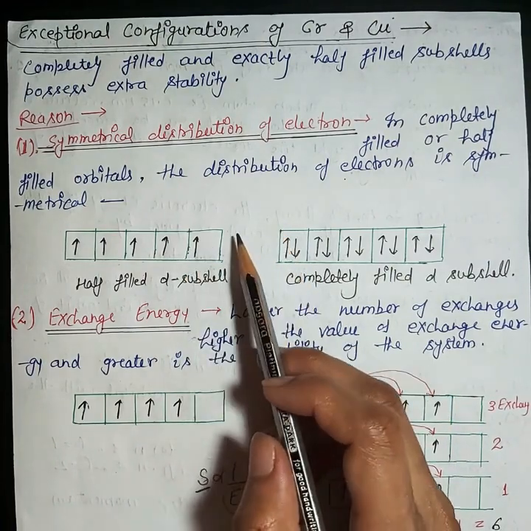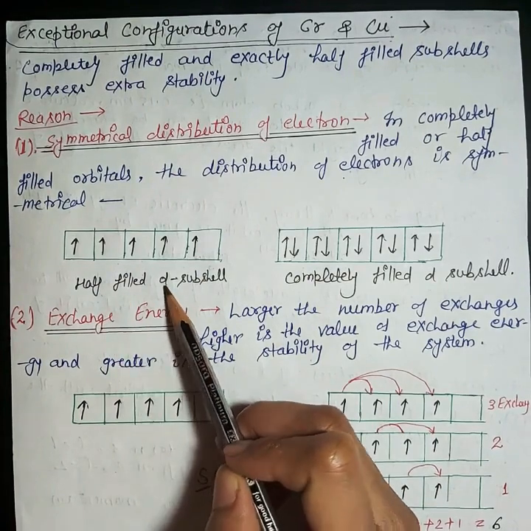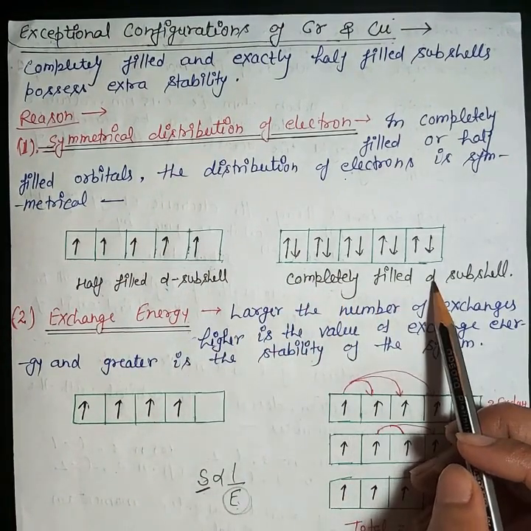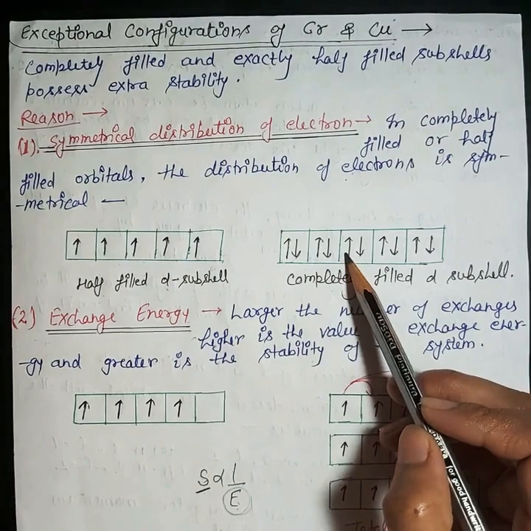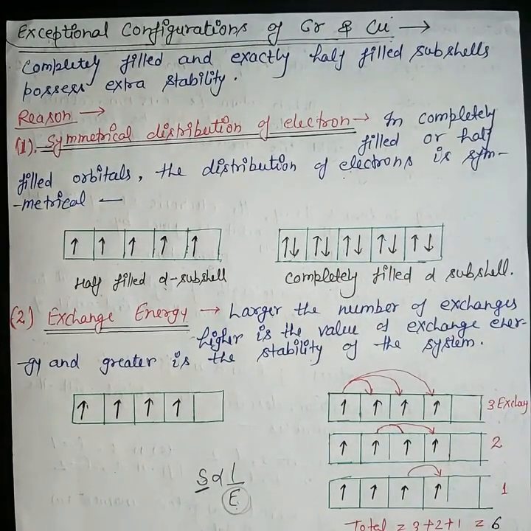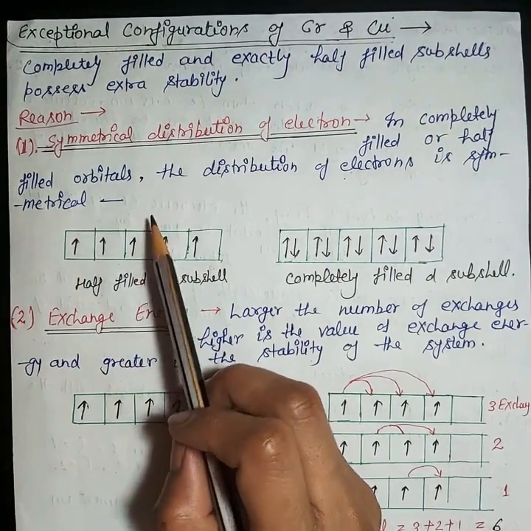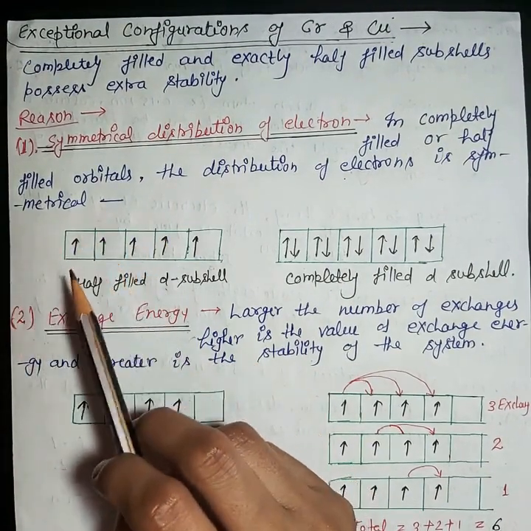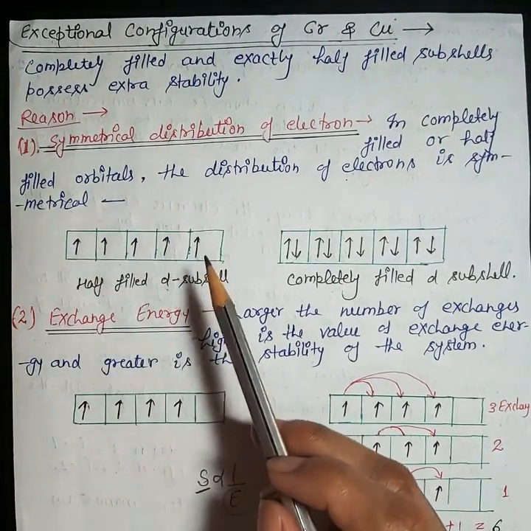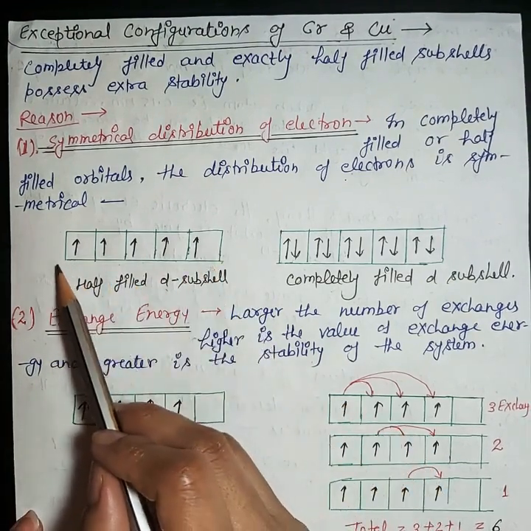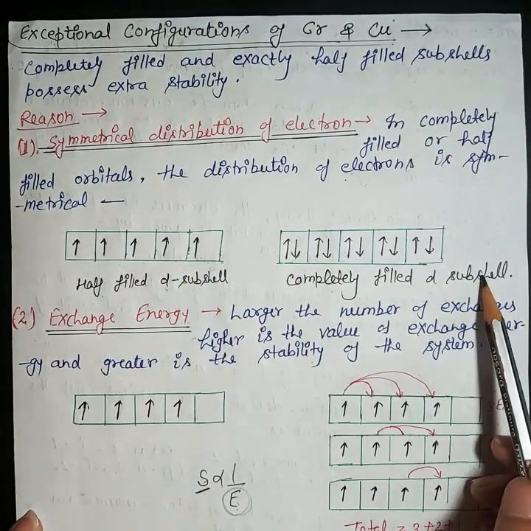Half filled or completely filled orbitals show more symmetrical distribution than any other type of distribution. That's why chromium and copper show exceptional electronic configuration, because they want symmetrical distribution of electrons to attain more stability.